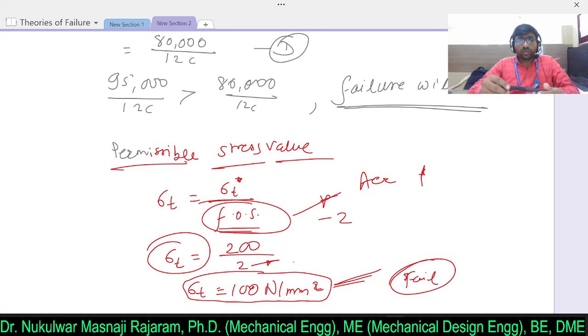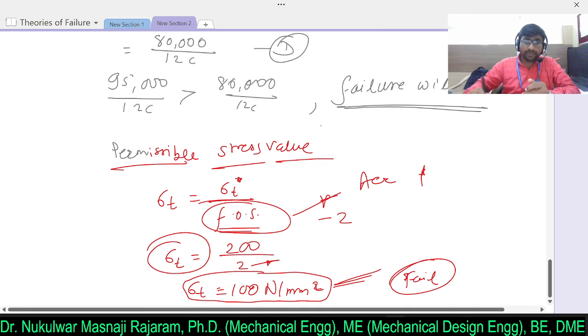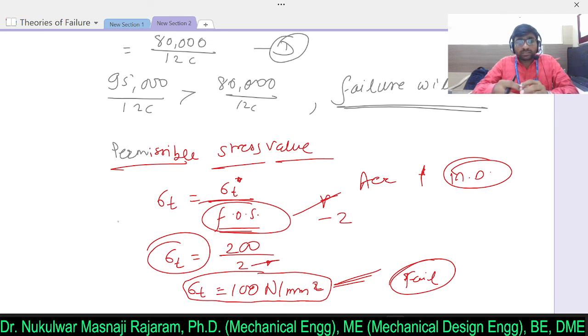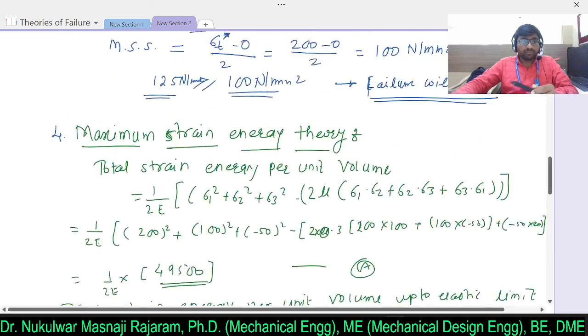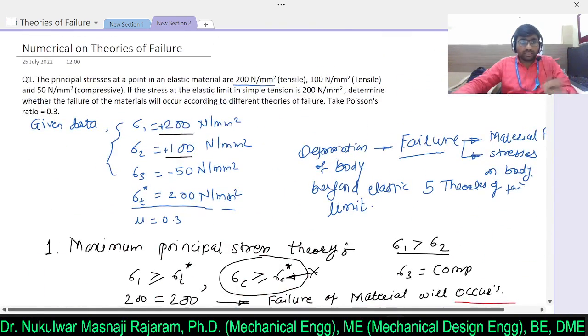More detailed knowledge you will get in the machine design subject, where you may check different loading conditions and different material properties. In that case failure may occur by different parameters. Clear? So I hope you understand a simple numerical and these theories of failure.